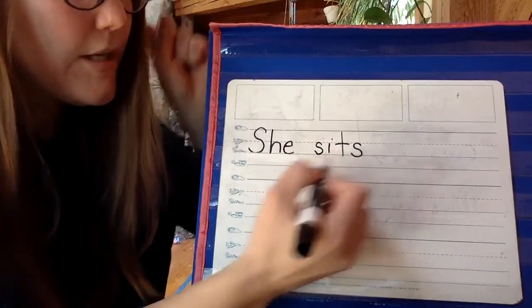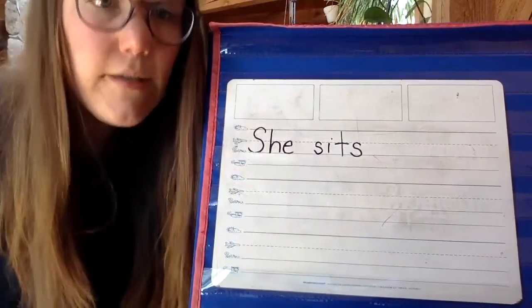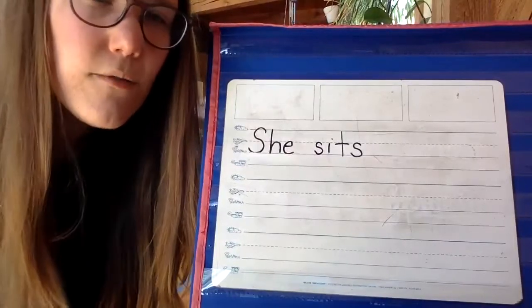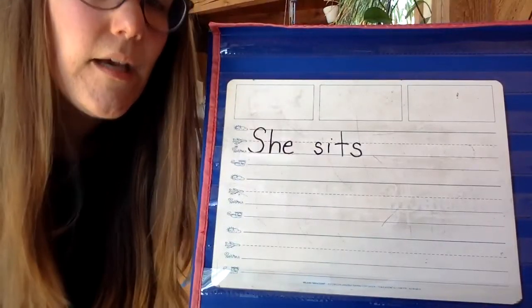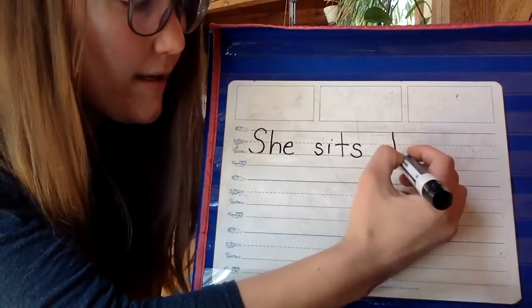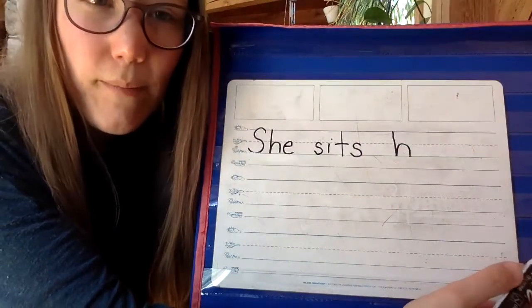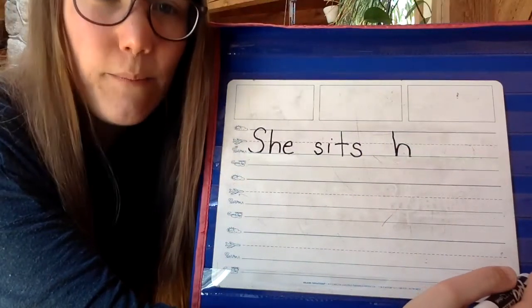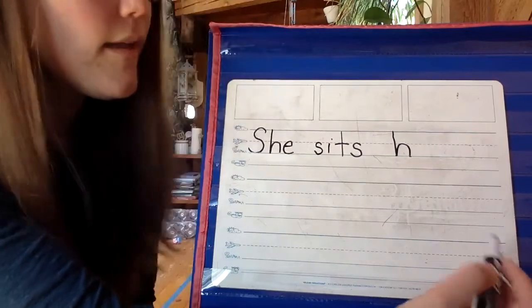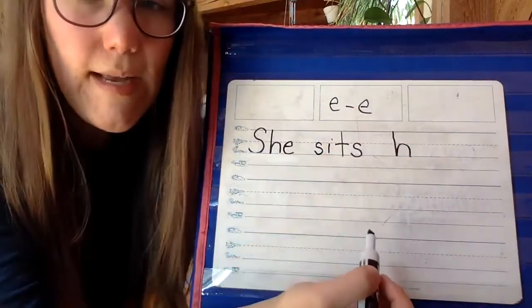She sits here. You may not know how to spell here, and that's okay. What sounds do you hear, though? Here. I hear that. H. E. That is the long sound of E. Do you remember the card E, Pete, E? That looks like this. This is a great example.